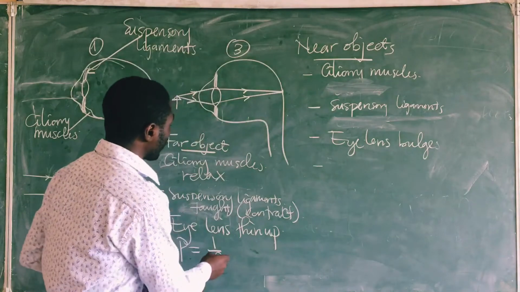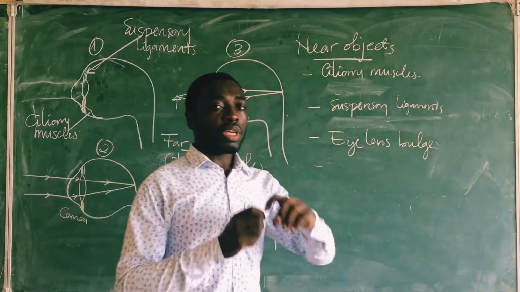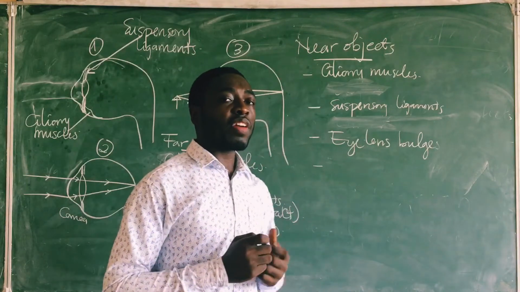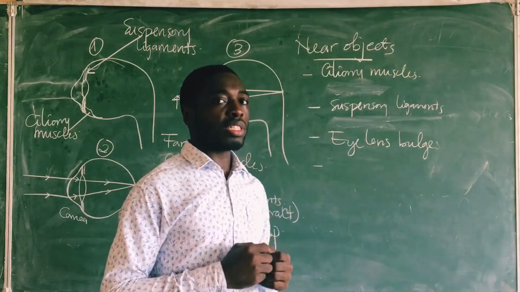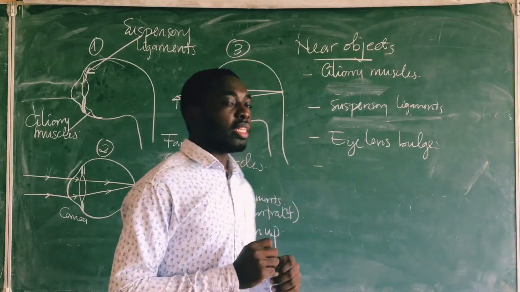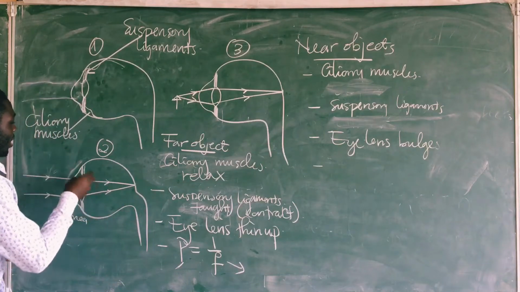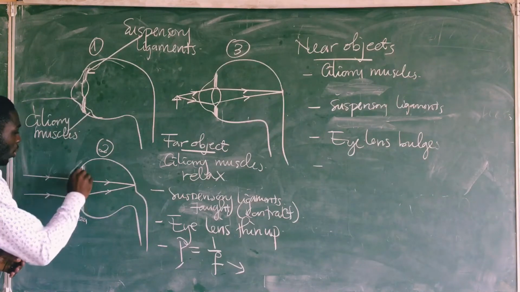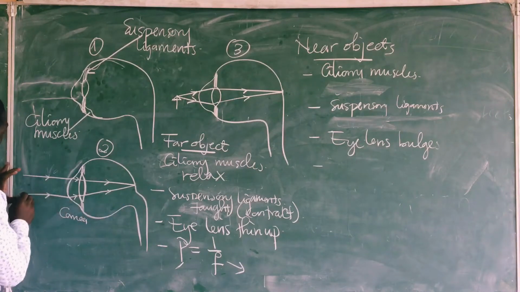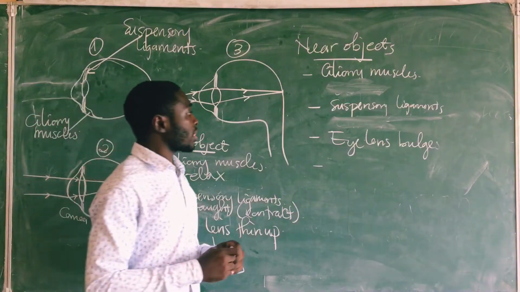And so if you are increasing the focal length, what happens is that the power is going to drop. So the zonular fibers becoming taut or contracting make the lens become thin, decreasing its convergence power, thereby converging the rays onto the retina. So here the zonular fibers become taut, the lens becomes thin, and the rays which are coming from the far object, of course, which are parallel, are going to be focused on the retina.